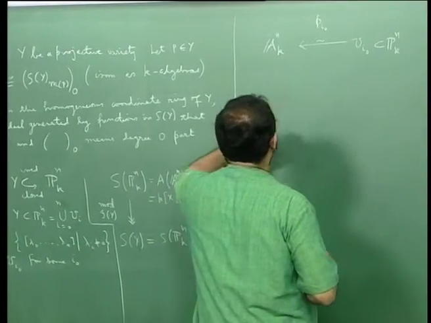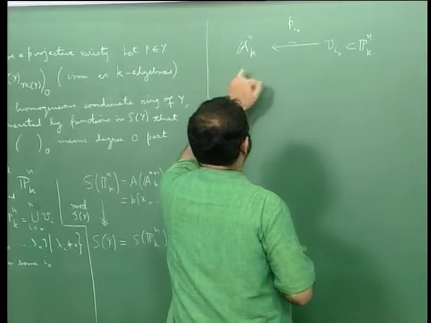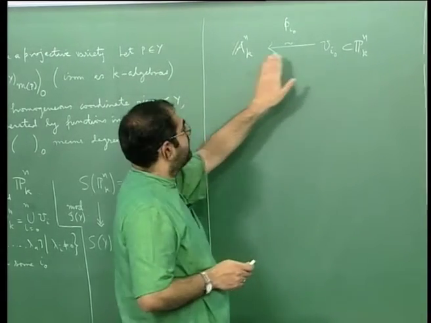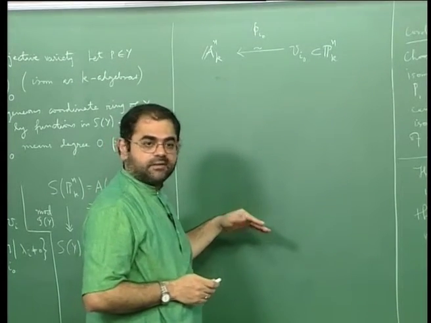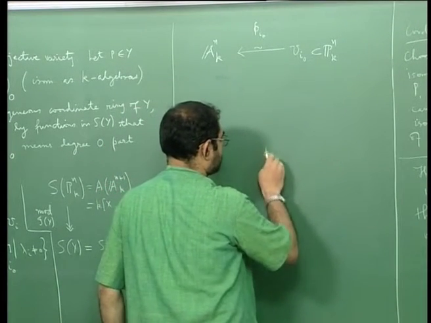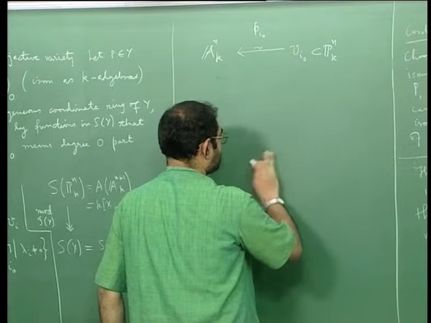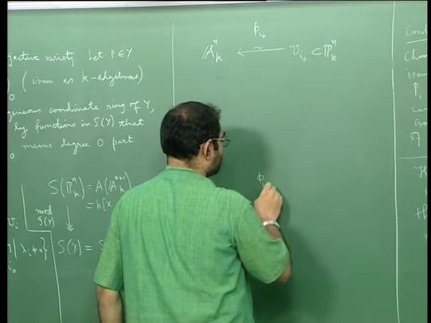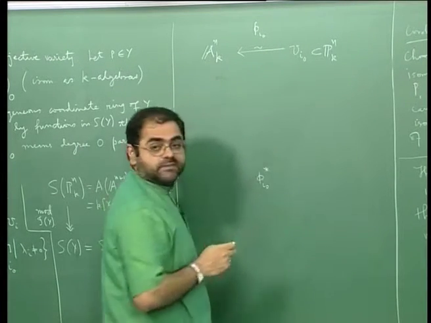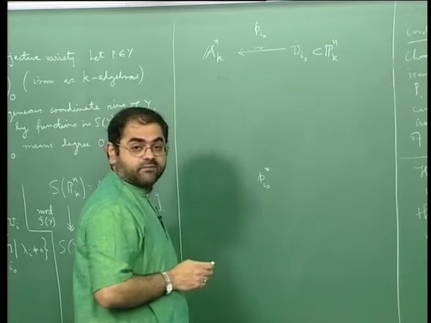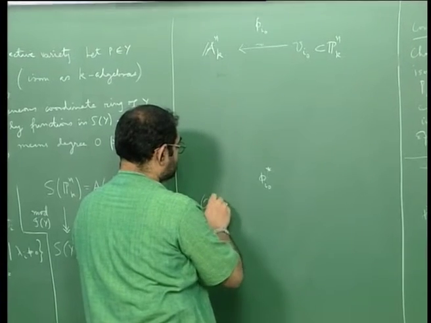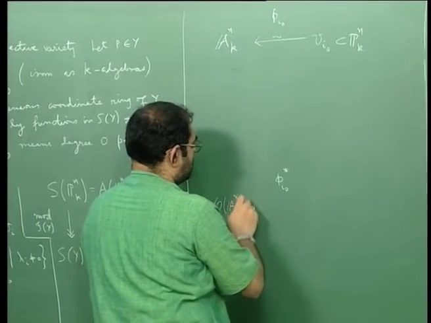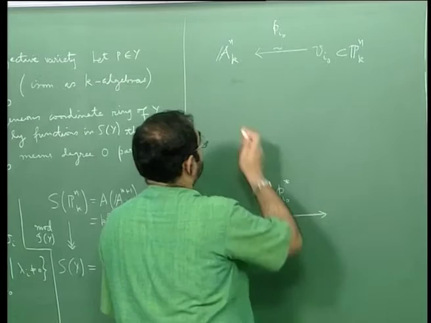So you see this, we have already seen that this isomorphism is given in terms of rings in the following way. There is a phi i0, and this phi i0 induces phi i0 star, which is given by pullback of regular functions, from the regular functions on A^n to U_i0.